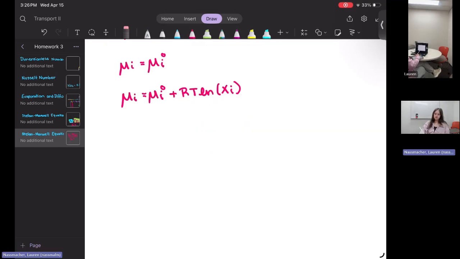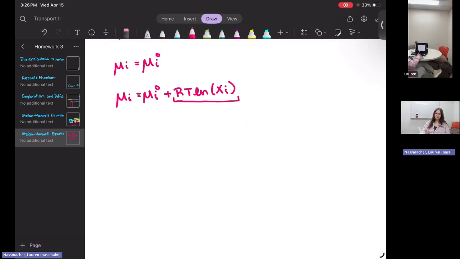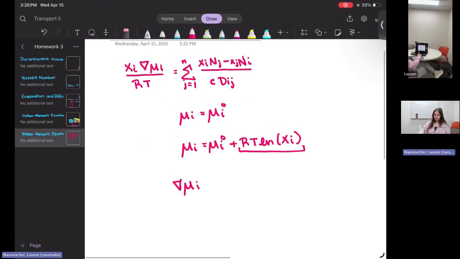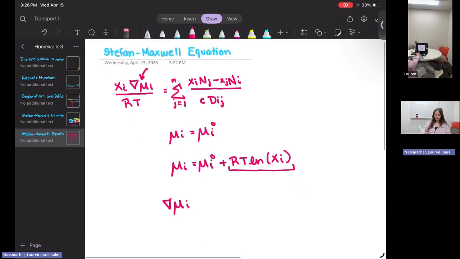This part of the equation is simply saying that there's something else going on with our standard state that's adding it onto it that makes our true state not the same as our standard state. So from here, we can find our gradient of our chemical potential, like in the Stefan-Maxwell equation right here.